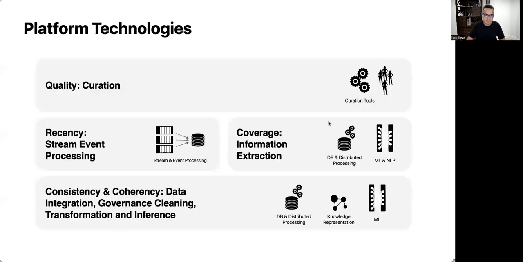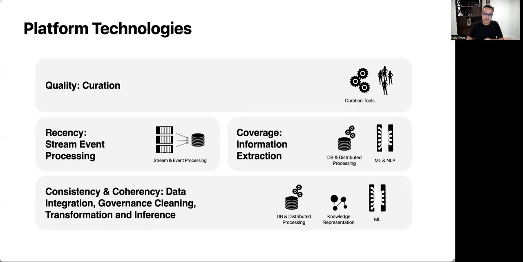So hopefully I'm going to talk a little bit about the technologies involved in such a system, and some use cases in this presentation. The technologies involved should not be surprising because in order to do KG construction, you're probably expecting data integration work, which is true, a lot of governance, cleaning, and deduplication, entity linking, transformation, inference, and that comes at the core of building the graph.